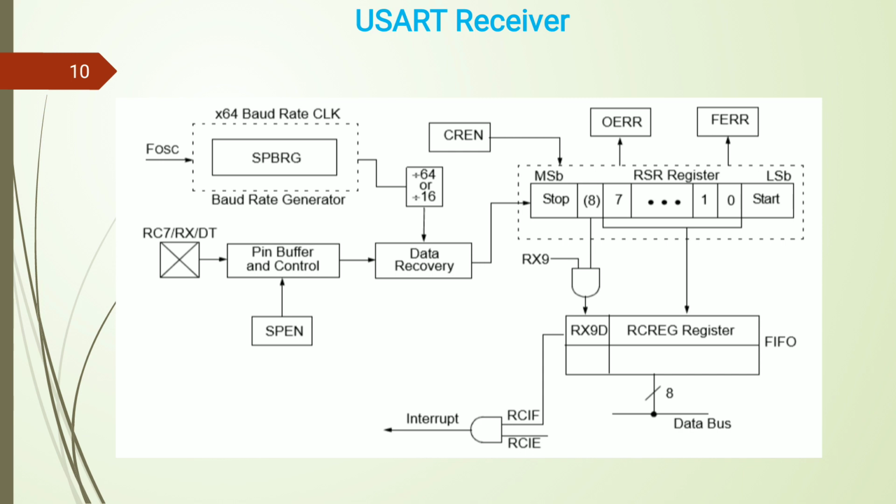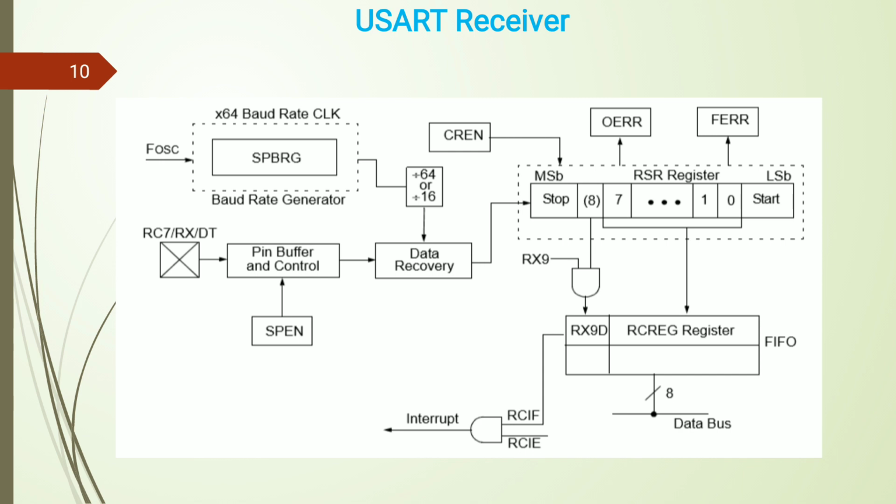After that, the received data is applied to the data recovery section. The data recovery section is useful for deciding the baud rate, that is the data rate at which the contents are transmitted.